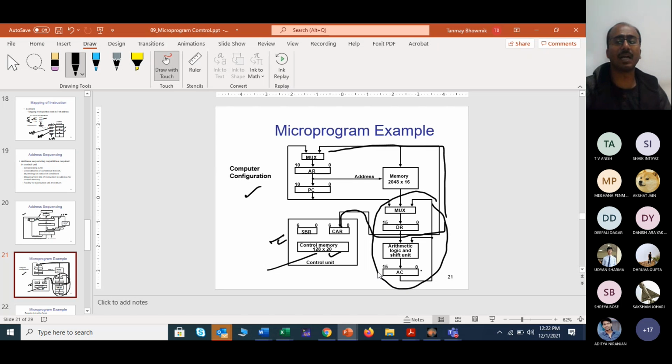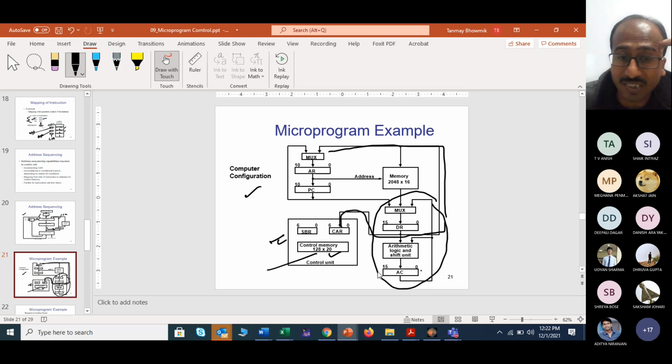So all these things are very much related, and I am again saying that try to grab some idea of how this microprogram and the address sequencing work. You will not be given the whole diagram in the exam. Yes, maybe the whole diagram picture will be given in the exam, and you will be asked some question from this diagram.